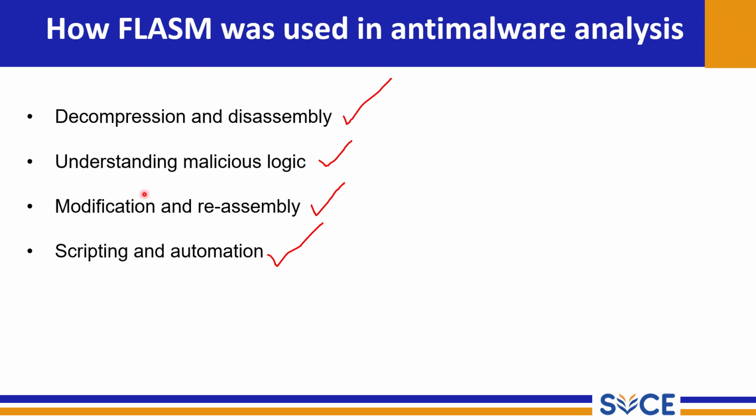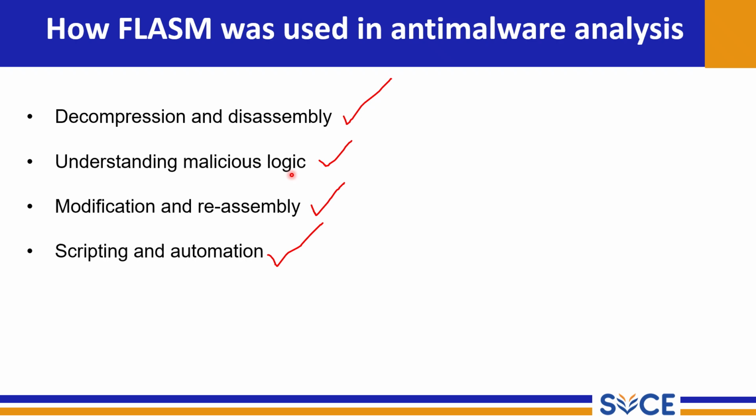Okay, and next, understanding malicious logic. By examining the disassembled bytecode, analysts could identify malicious behaviors such as dropping the payload, identifying the code responsible for downloading or executing some malicious file from a command and control server.